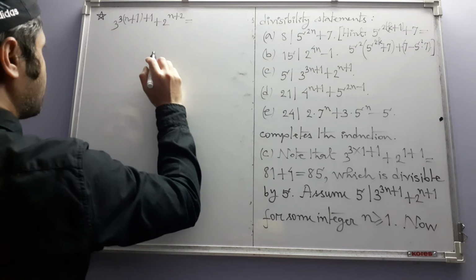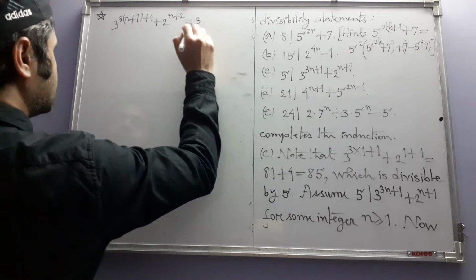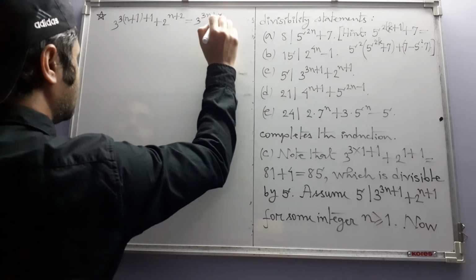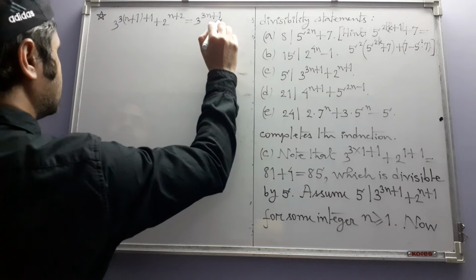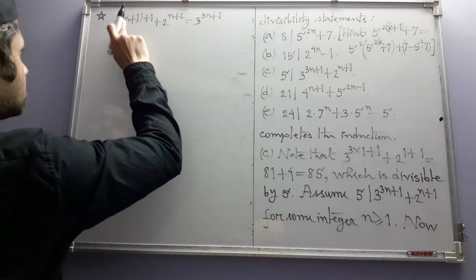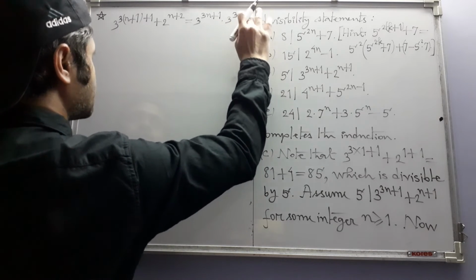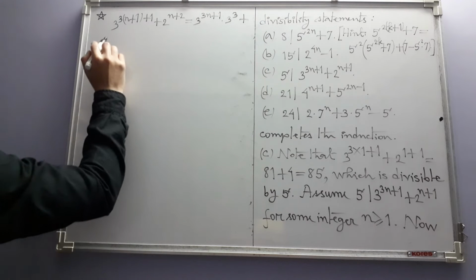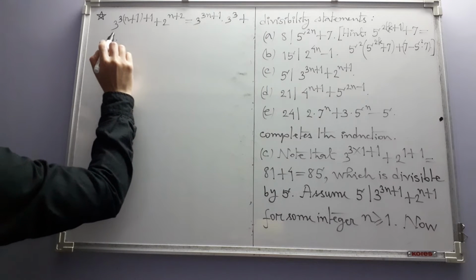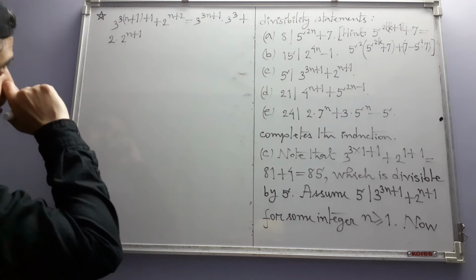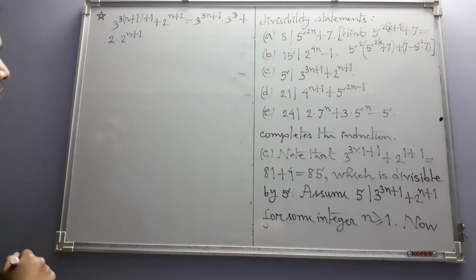Okay, now the first term can be written as 3 to the power 3n plus 1 times 3 cube plus the second term is 2 times 2 to the power n plus 1.